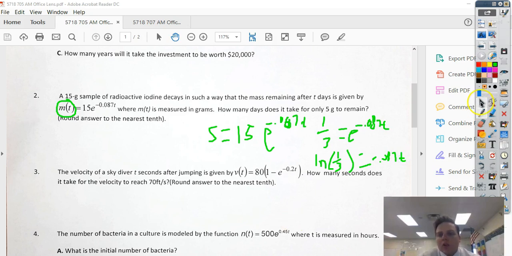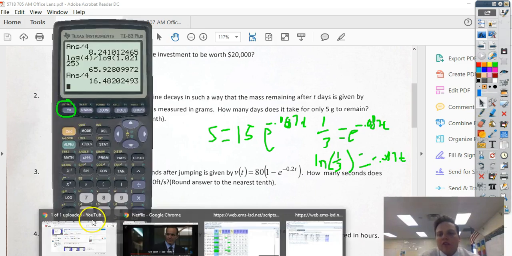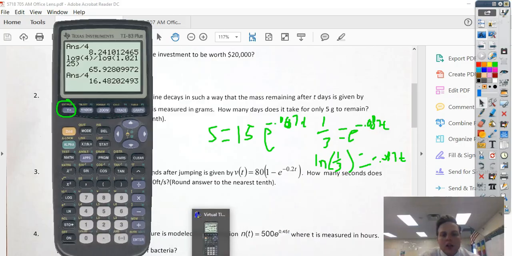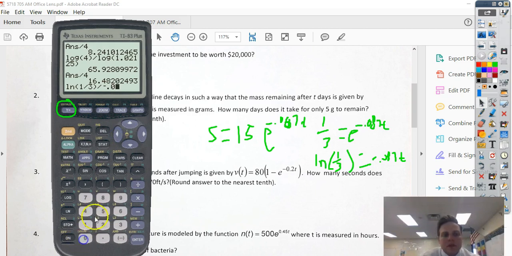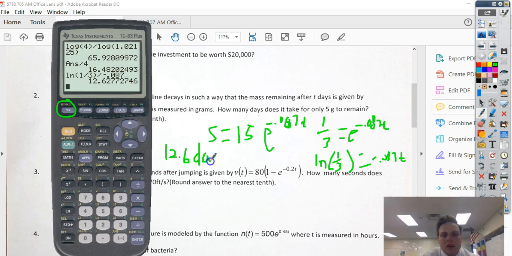Okay, so now you know to go type in natural log and then simply divide the natural log of 1/3 by negative 0.087 to get t by itself. Press enter, and we get that it takes about 12.6 days.